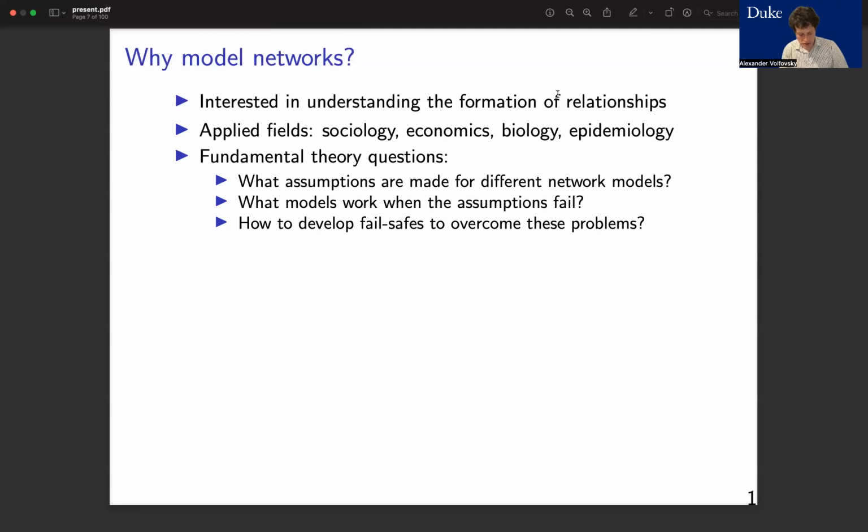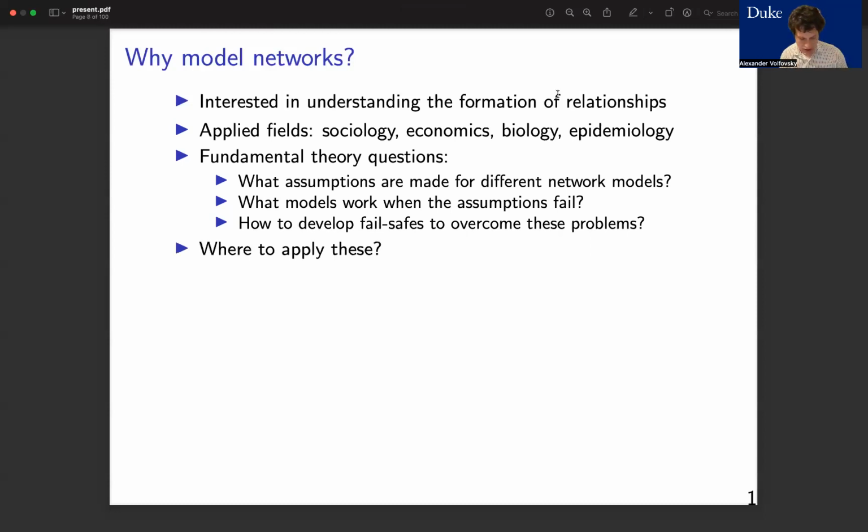We won't have an in-depth discussion of these fail-safes, but at a high level, the models I'll propose in this presentation and implement have the ability to revert back to simpler models. And that's going to be the fail-safe of what happens if some kind of assumption fails.